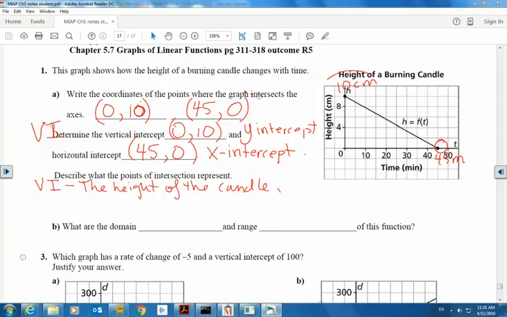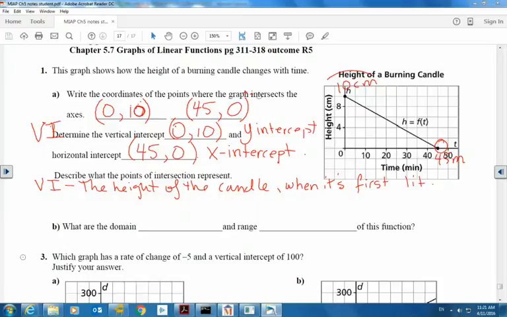The height of the candle either just before it's lit or when it's first lit or when you start your timer, right? So how could we say all that nicely? The height of the candle at the beginning, when it's just lit. Okay, good. I like that.